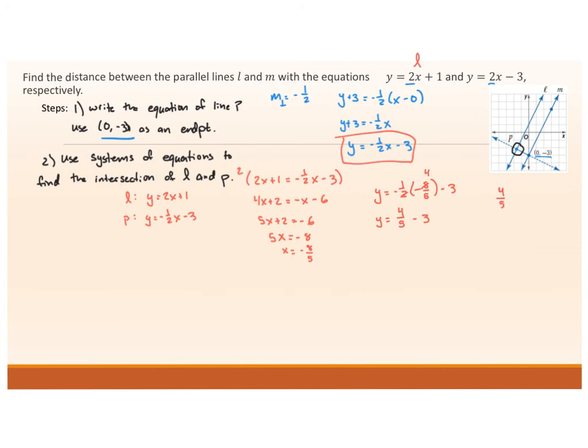So 4/5, I need to give 3 a common denominator, which is going to give me -15/5, because multiply the top and the bottom by 5, which is going to give me a -11/5. Which means my point of intersection is -8/5 and -11/5.